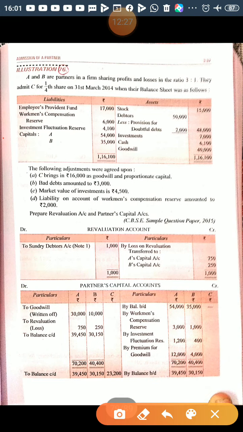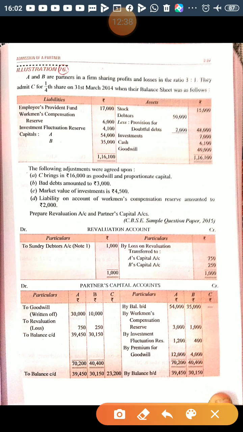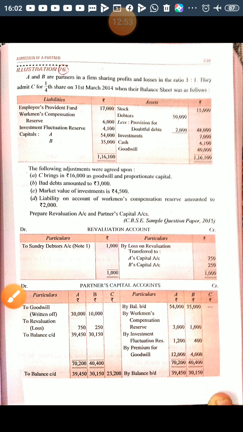Now next is investment fluctuation fund. Investment fluctuation reserve is given as 4,100. The adjustment says market value of investment is 4,500 and the book value of investment is 7,000.